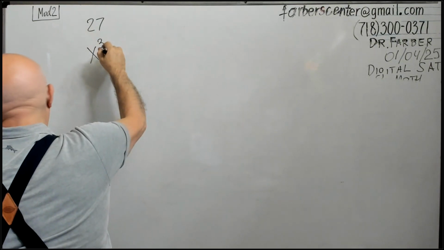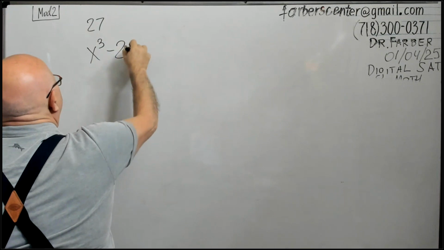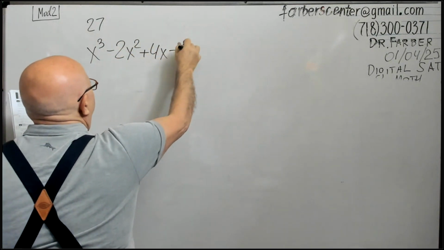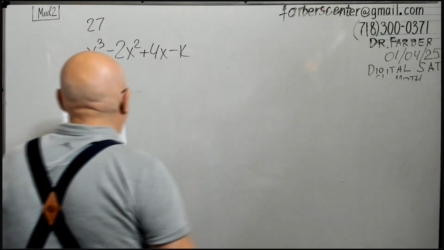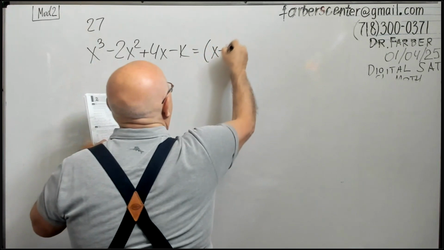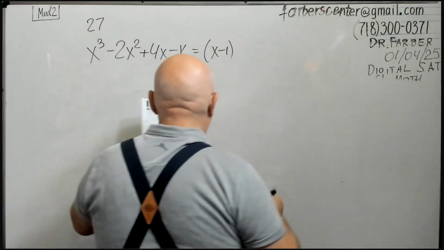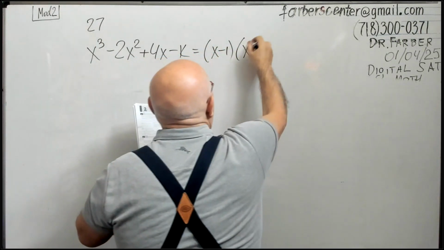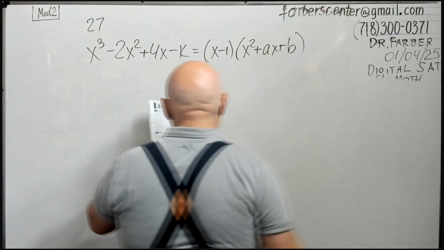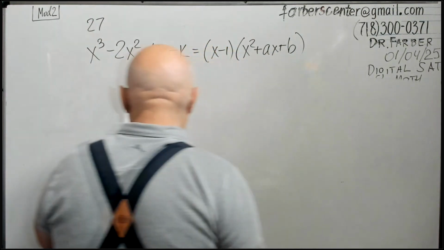x to the third minus 2x to the second plus 4x minus k equals x minus 1 times x squared plus ax plus b. What to find?